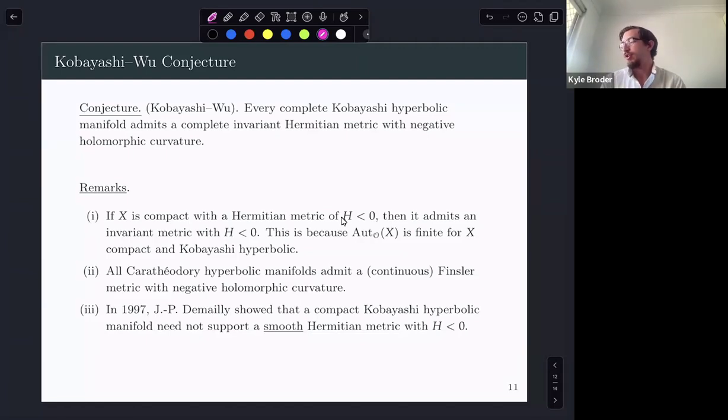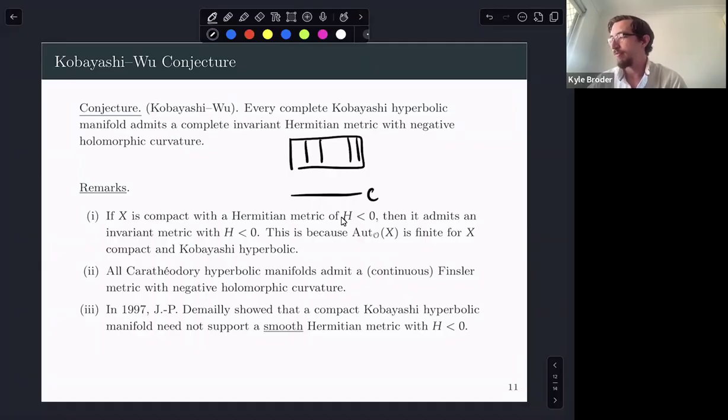Essentially, he showed that his examples are fibered. So one has a surface that is fibered by curves over a curve. This base is a compact Riemann surface of genus 2. The smooth fibers are also compact Riemann surfaces of genus greater than or equal to 2.